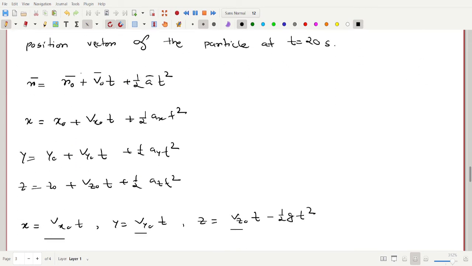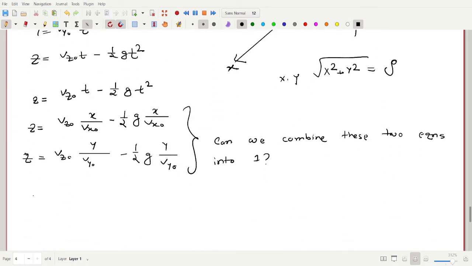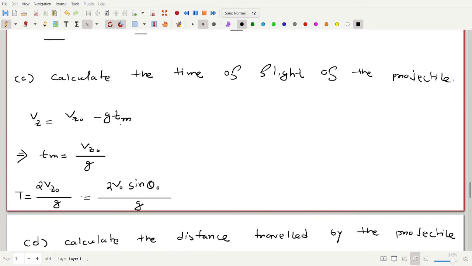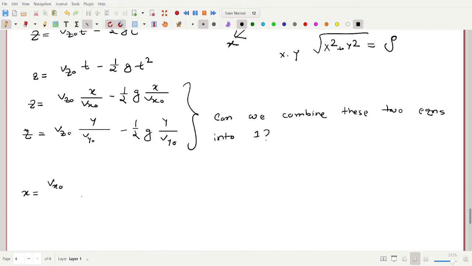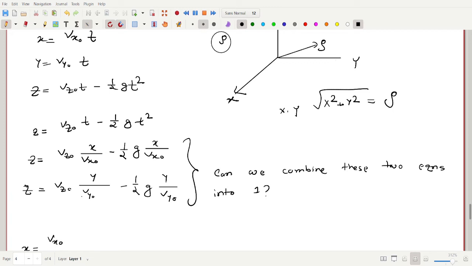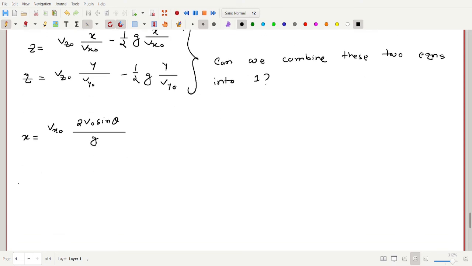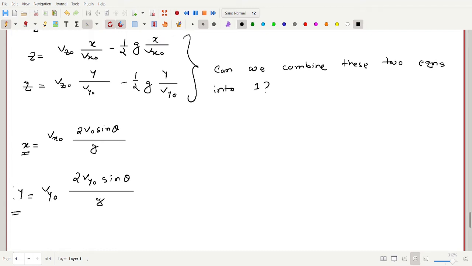We already calculated the total time for reaching the ground: 2 v naught sine theta by g. And we have y equals vy naught times 2 v naught sine theta by g. These x and y are the x and y components of the position vector of the projectile at the moment it reaches the ground.